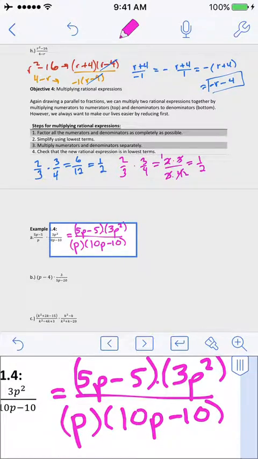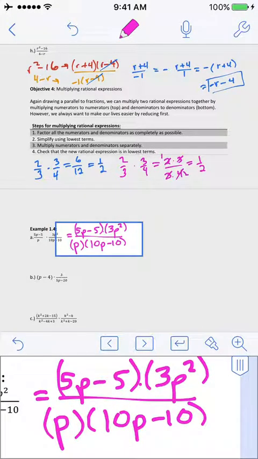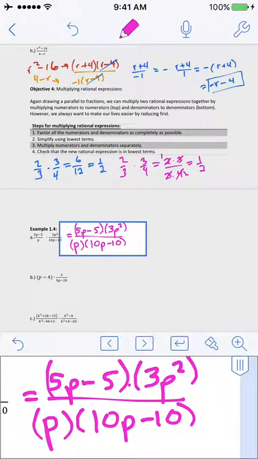That's all I've done. Now, if I look at this carefully, nothing's going to cancel as it is, which is a huge bummer. That's not a cheater method. So I could go ahead and multiply all these out, and then I could reduce it. But reducing second would be much harder. So let's see if we can, quote-unquote, fix some of these. Maybe get them into more of a factored form so that things will actually cancel, right? So let's start with this 5p minus 5. I see a GCF there.